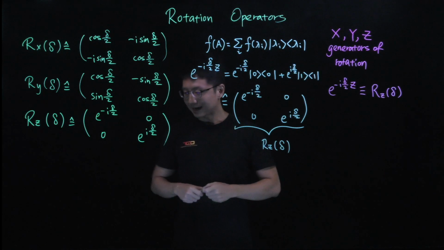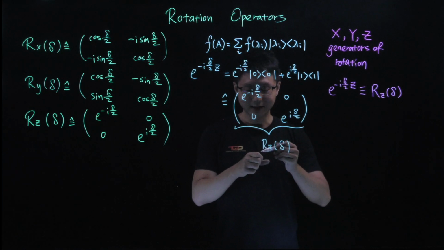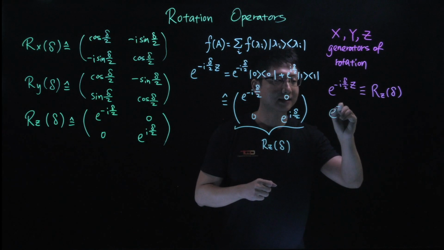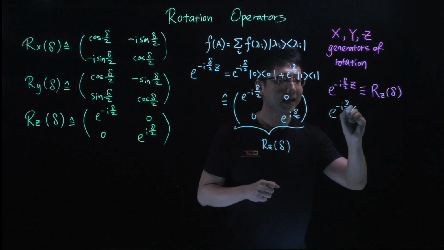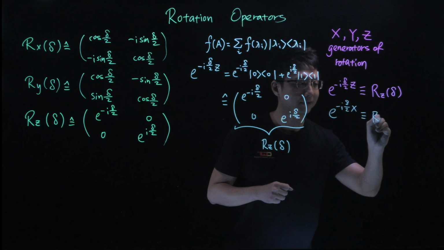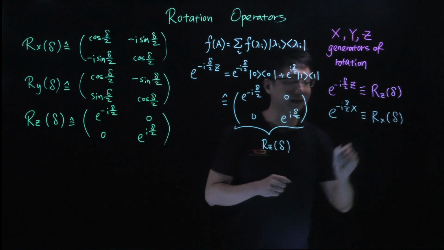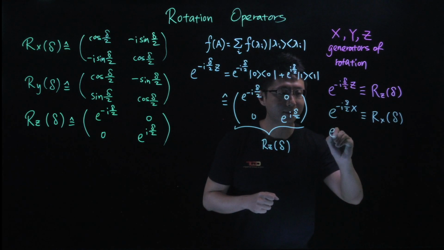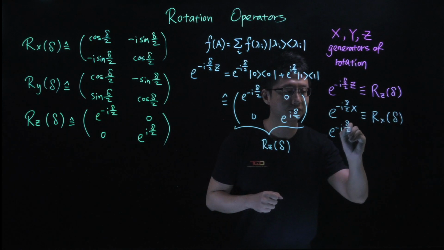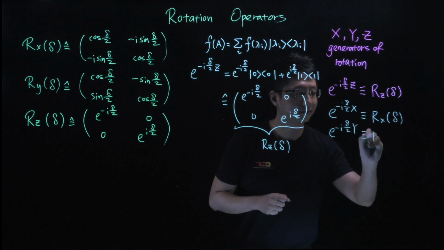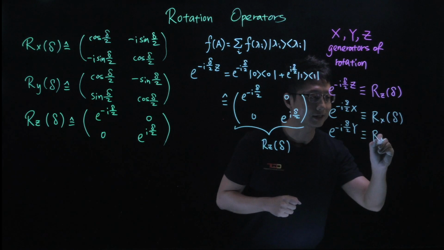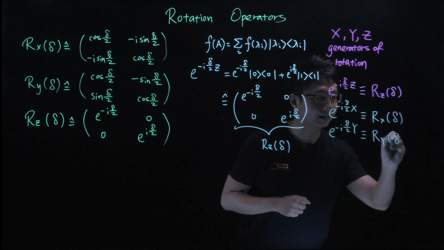So as an exercise, you should convince yourself that e to the power of minus i delta over 2 x will generate the rotation around the x-axis by an arbitrary angle delta, and e to the power of minus i delta over 2 y will generate the rotation around the y-axis by an angle delta.